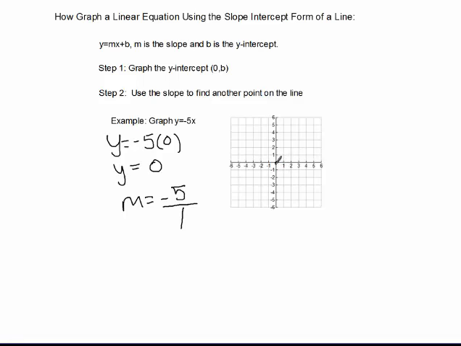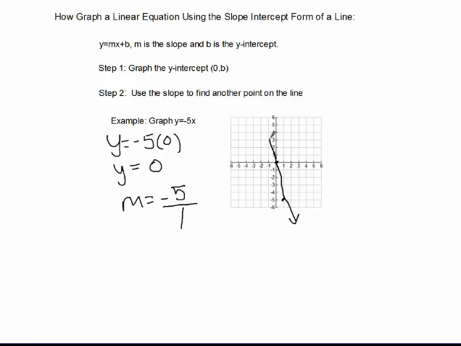So I go down 5, 1, 2, 3, 4, 5, and then run 1, and I end up at this point here. I always start at a point that's already on the line. I started at (0, 0), the y-intercept, went down 5, and then over 1. That's enough to draw the line because I have 2 points. So I have my line from here to here.